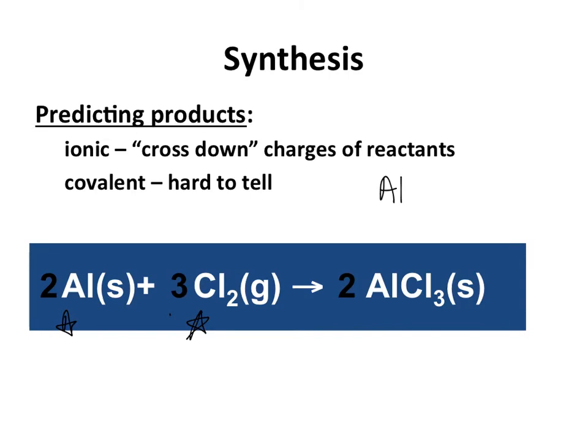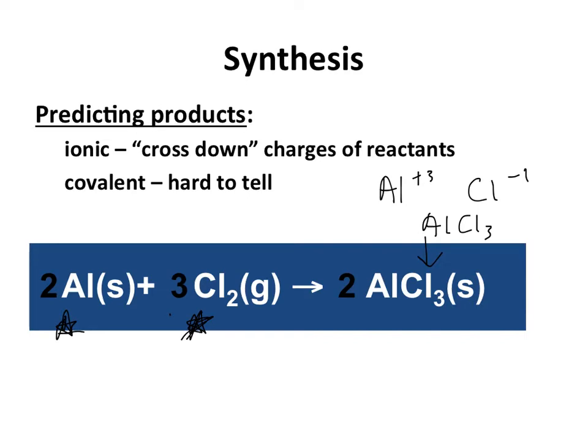So Al forms a +3, Cl forms a -1. We cross those down, and that gives us AlCl3. That allows us to predict our product, because in this case we have an elemental metal and diatomic chlorine, which is how it naturally occurs in its elemental state. And since we have a metal and nonmetal, we know we're going to get an ionic product. So this is a way to predict your synthesis reaction products.